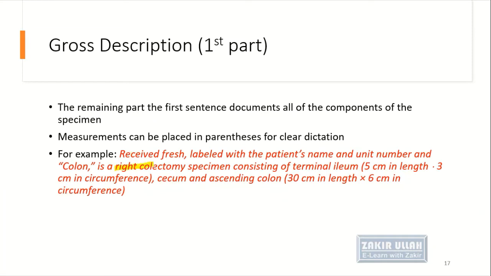This is the type of surgical procedure performed, and it consists of ileum, with the dimensions, the length and the circumference, the cecum and the ascending colon, and these are the measurements. So this is the first part, and it is very brief and very precise.